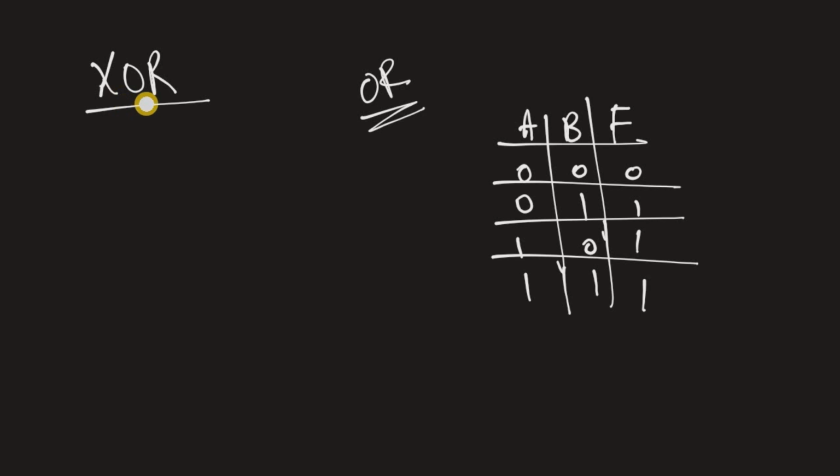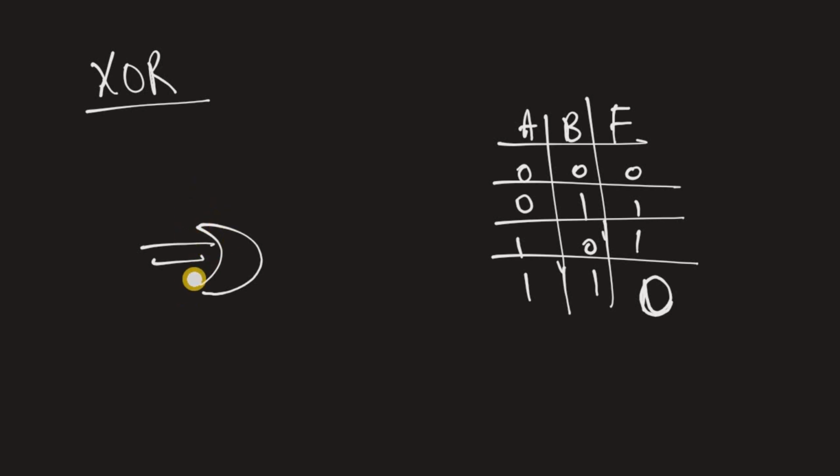If both of them are 1, we put a 1, right? So every time we have 1 1 1. So this is for the OR gate, the normal OR. But the exclusive OR means OR, but not when both of them are equal to 1. So every time both of them equal 1, that's going to be 0, but the rest of them are the same as the OR gate. Okay, so that's the only difference.